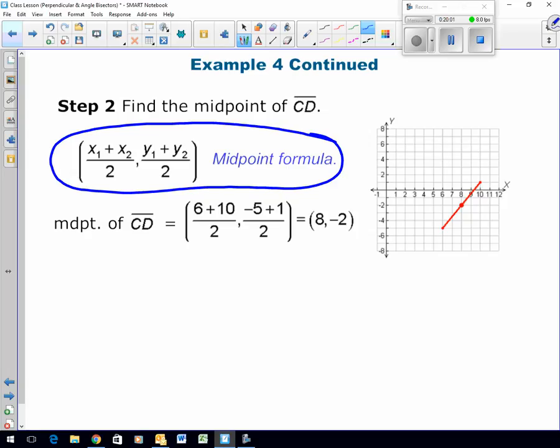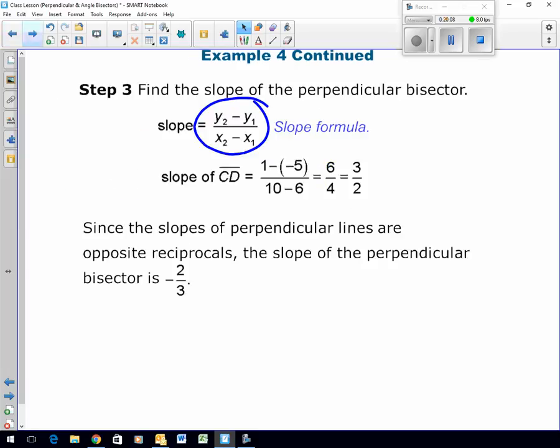How do I find my perpendicular bisector? I'll tell you how. It is the midpoint along with, watch how this works, the opposite reciprocal slope.